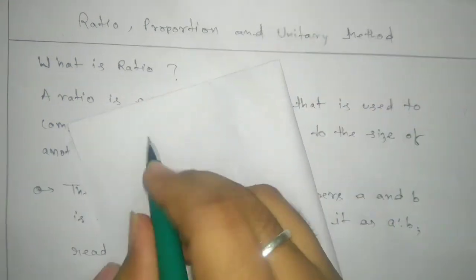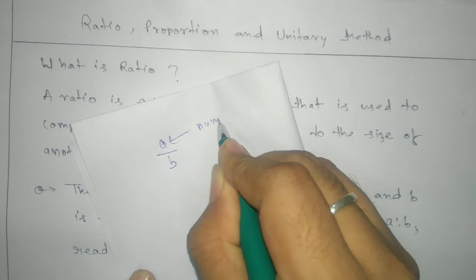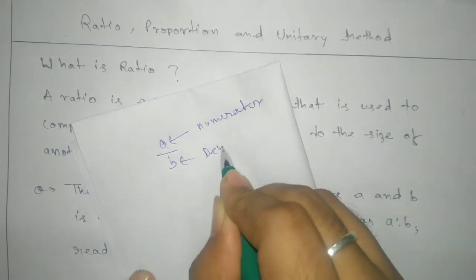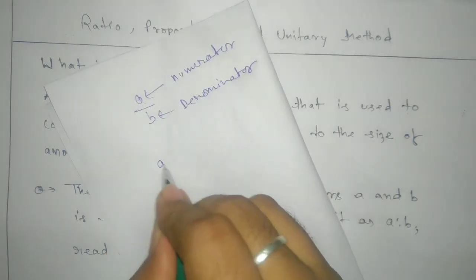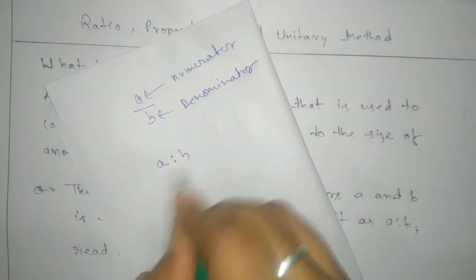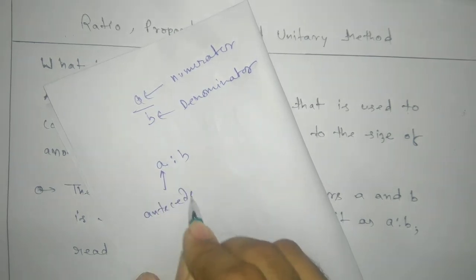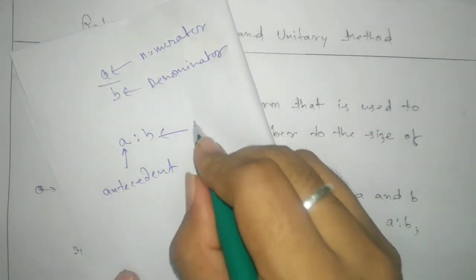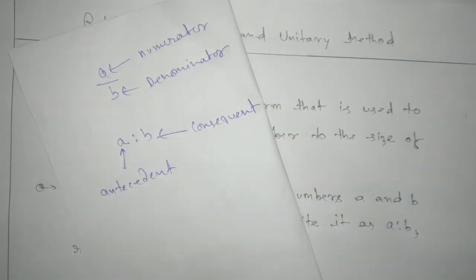If we go for a by b, then a is called the numerator and b is called the denominator. And if we write it this way, a is to b, then a is called the antecedent and b is called the consequent. See the difference.